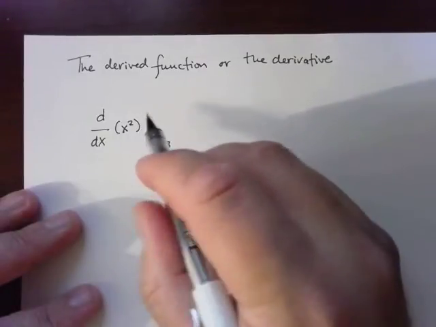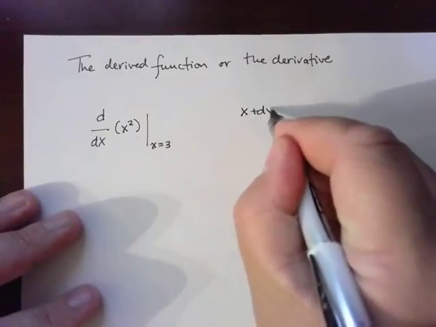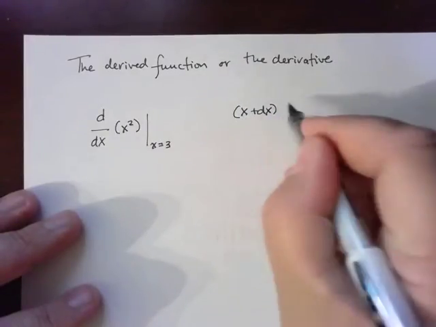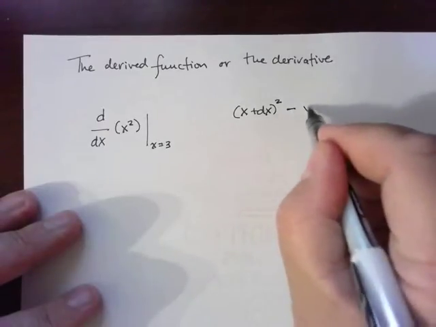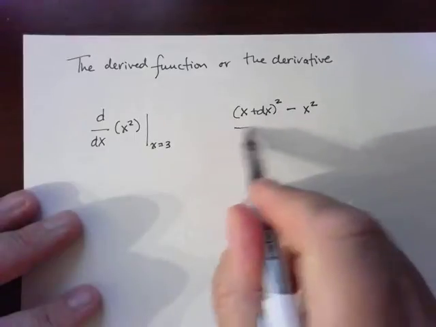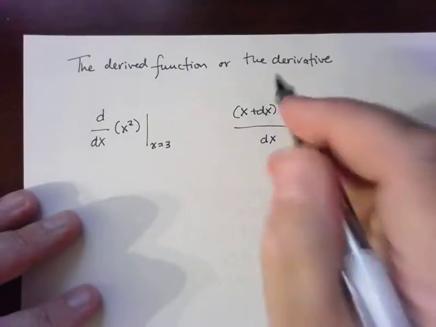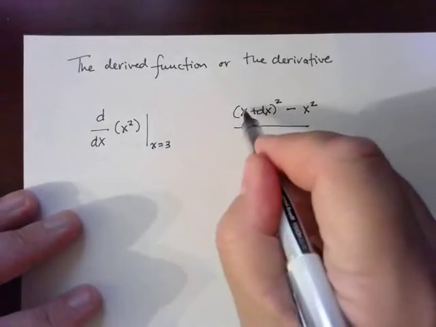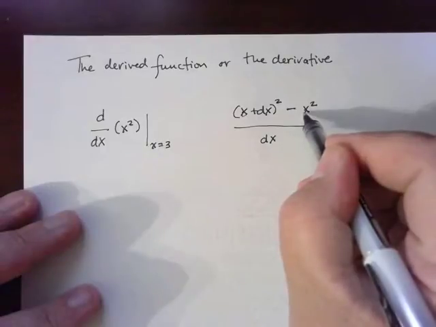Remember, we're going to put x plus dx into the function, and then we're going to subtract the function. This is divided by dx. But we want this at 3, so we would put 3 here, and we would put 3 here.